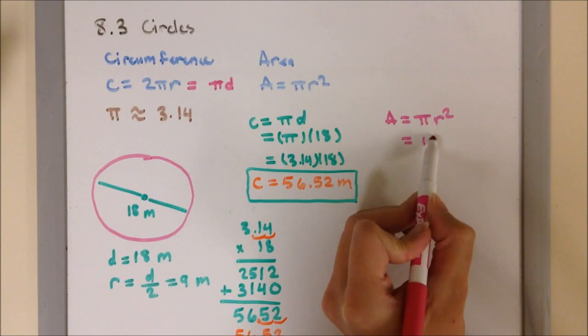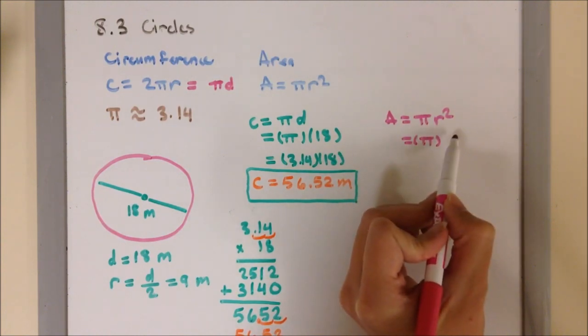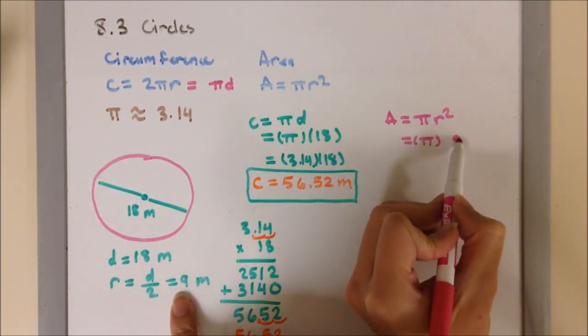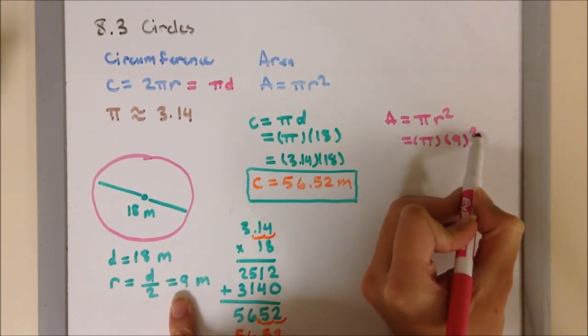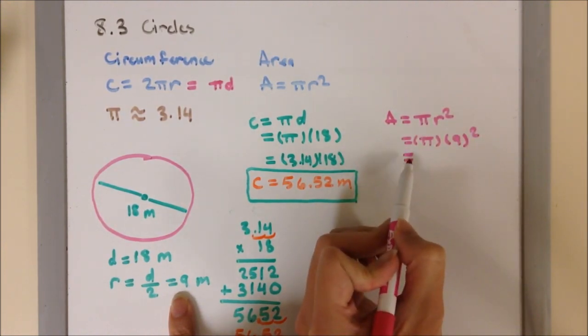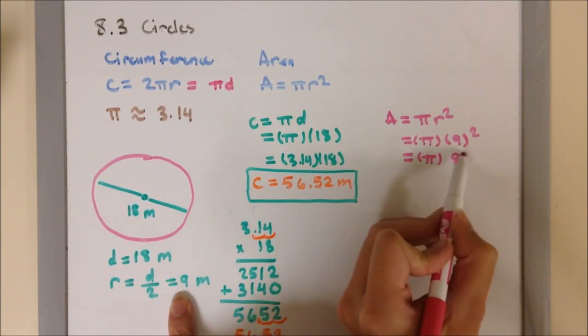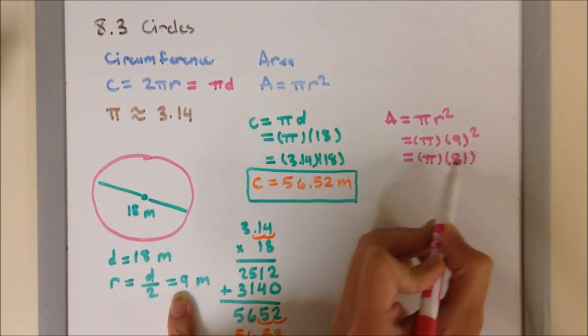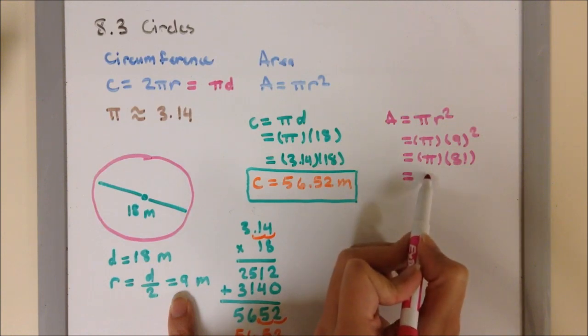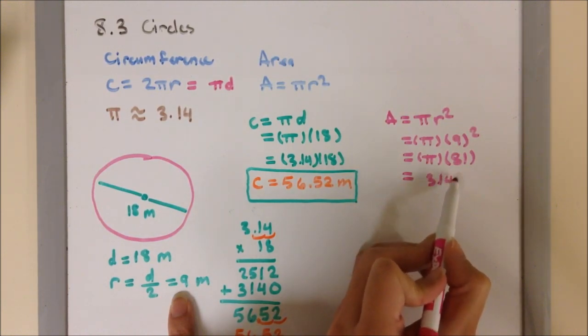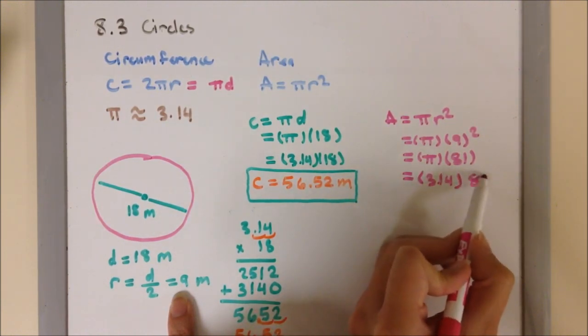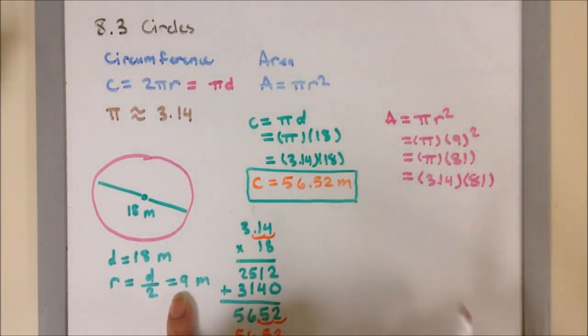So my pi here, my radius is 9, so 9 squared. So 9 squared will be 81. So 81 times pi, my pi is 3.14 times 81. So it looks like this is going to be a big number.